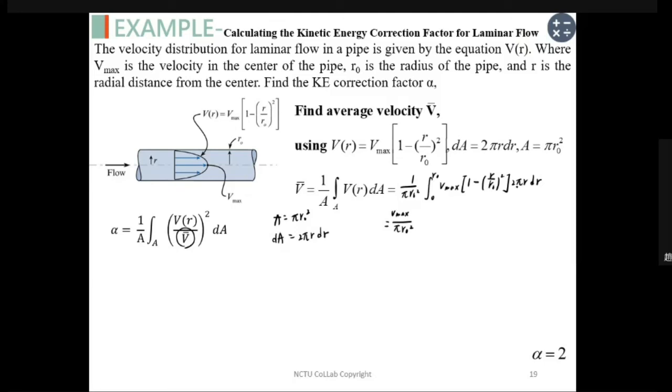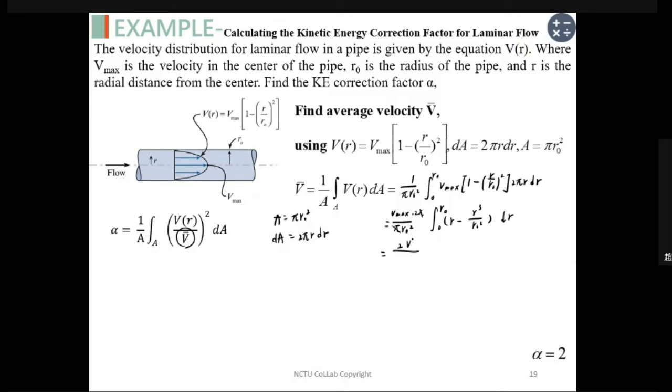So we move some constant values outside. We have 1 over pi r0 squared, V max, and 2 pi outside. Inside we only have the integration from 0 to r0 of r minus r cubed over r0 squared, dr.